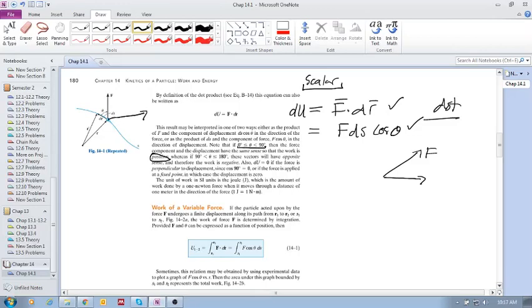Say now the force is there, so this angle is over there. Then if you do the dot product, the component of that force will be in the opposite direction, so the dot product would give us a negative work. So if you've got the force and the displacement in the same direction, you've got positive work. If you've got the force and displacement in opposite directions, you're going to have negative work.